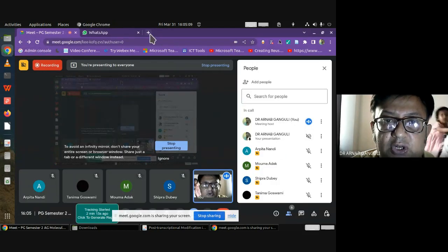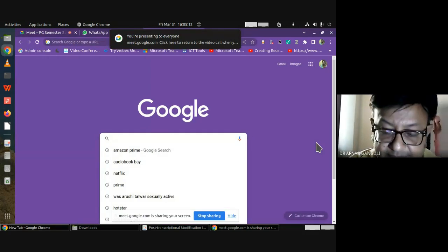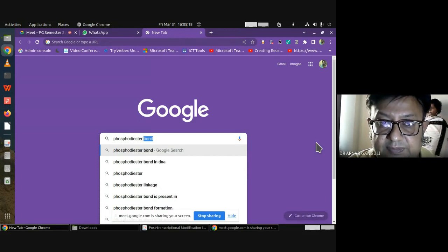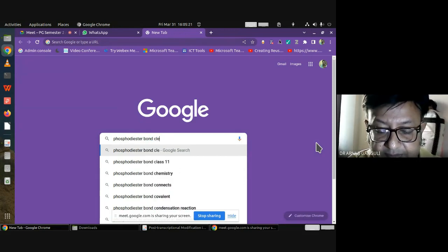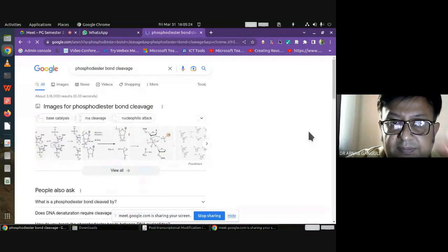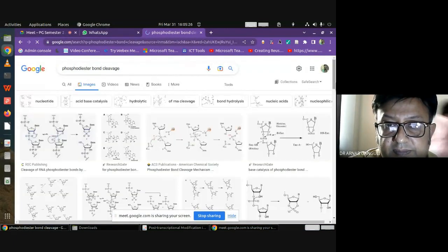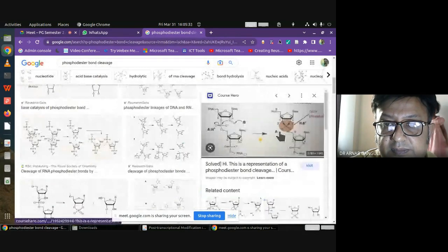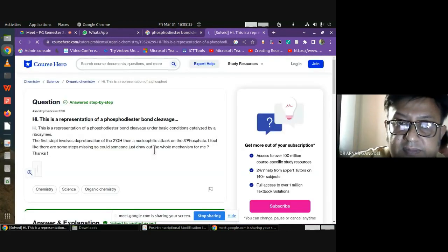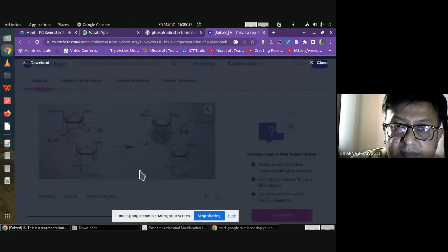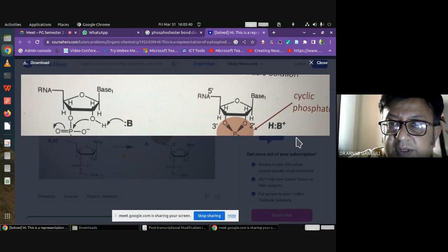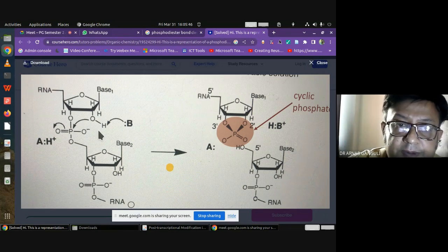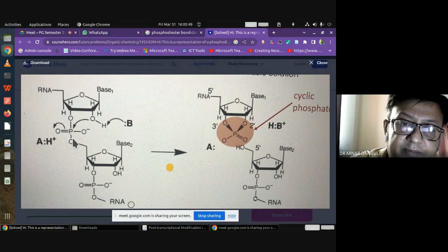So I will just show you what a phosphodiester bond cleavage is. If you look at this particular picture, this is a phosphodiester bond.